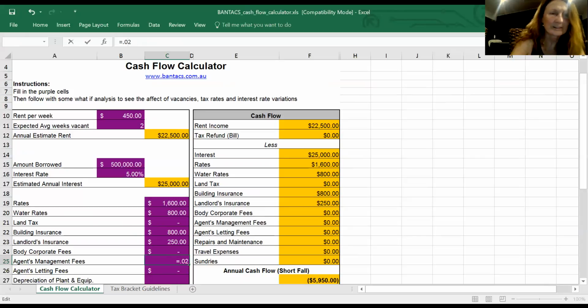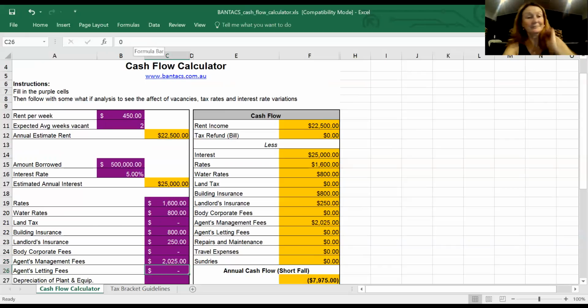Oh, I know, I put a times, not an asterisk. Okay, got it. So that's calculating it for us automatically, so that'll change if we choose in our what if analysis to change the rent amount. Letting fees, so maybe 1 week's rent for letting fees.